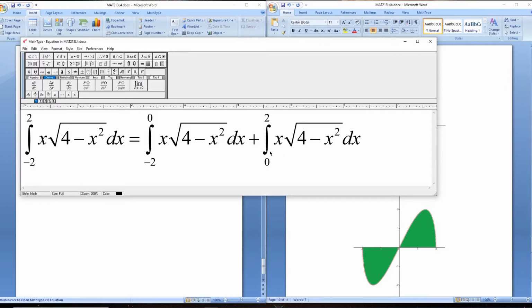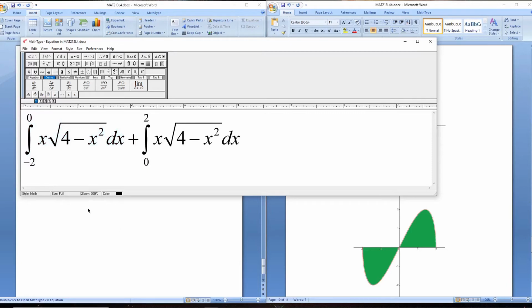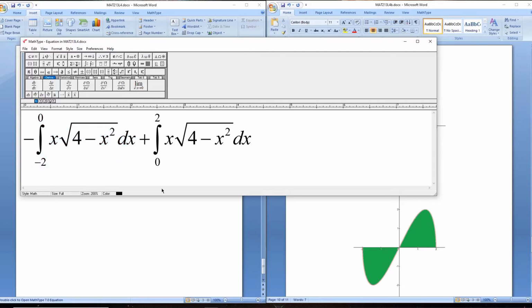And here's where we make the change to our physical area. Because we know, by having done the problem or looking at the picture, that this first integral is going to be negative. It's going to give us this area but as a negative value. So to fix that, we'll just put a negative sign in front of it.